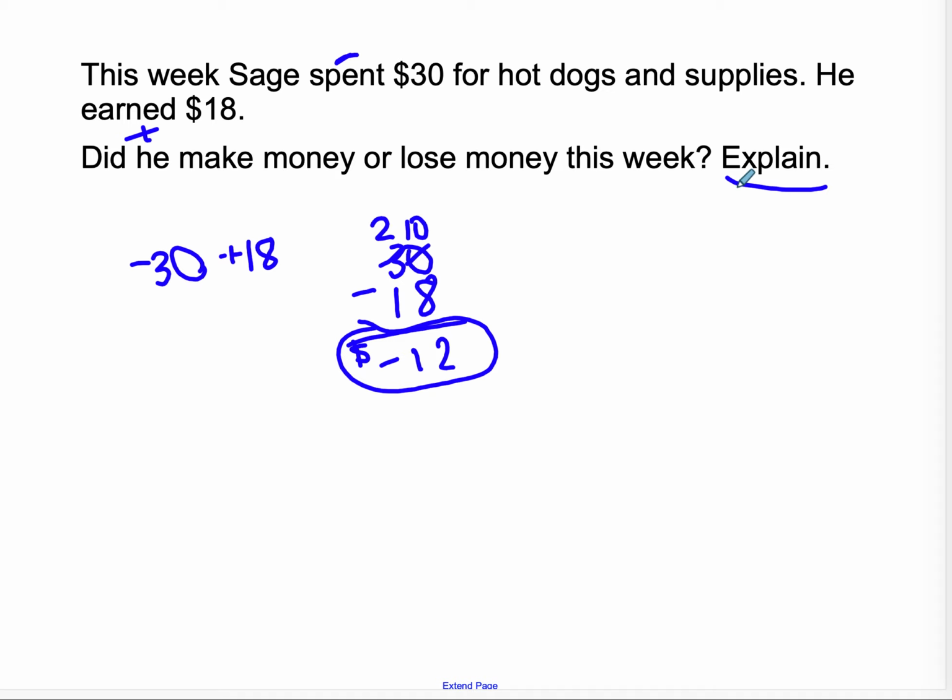Okay, I don't want to forget about this explain part. So did he make money or lose money this week? He lost, because it's a negative number. Negative $12. Because he spent more than he earned.